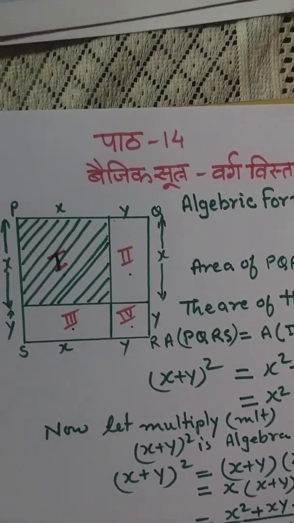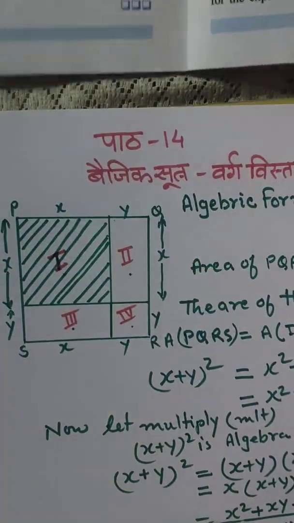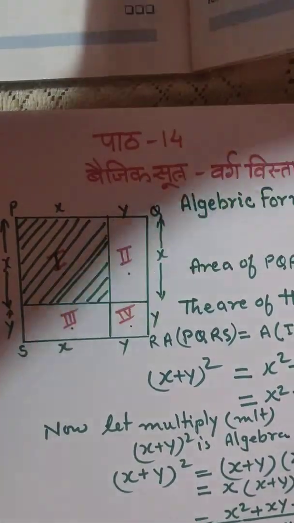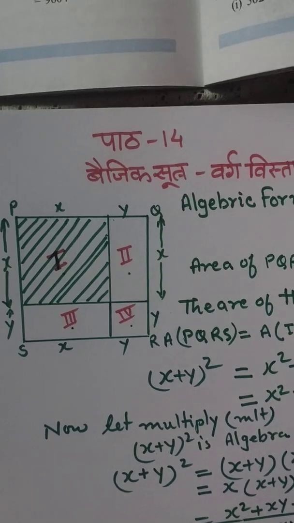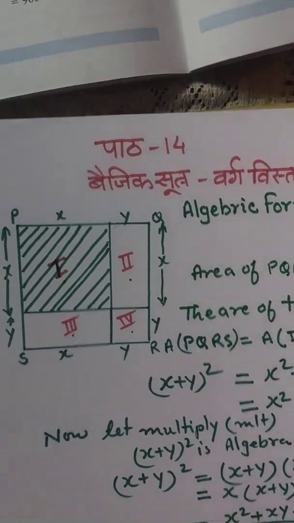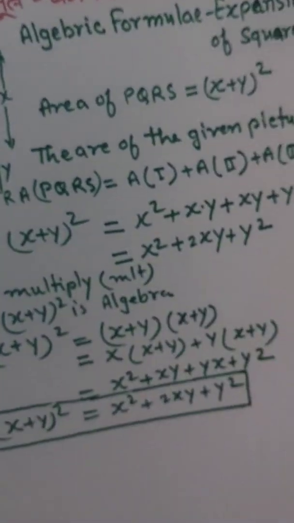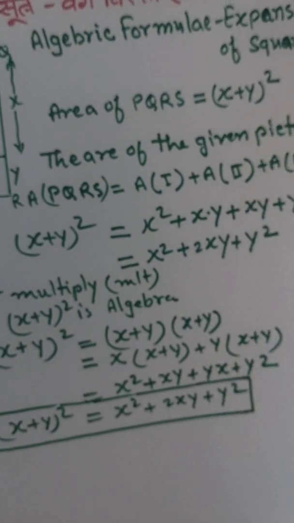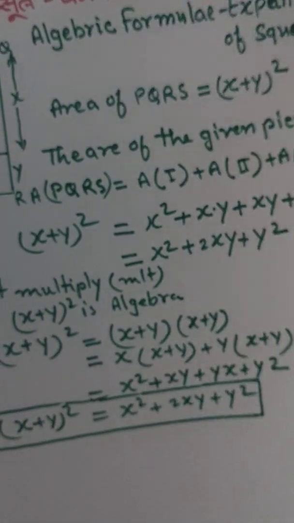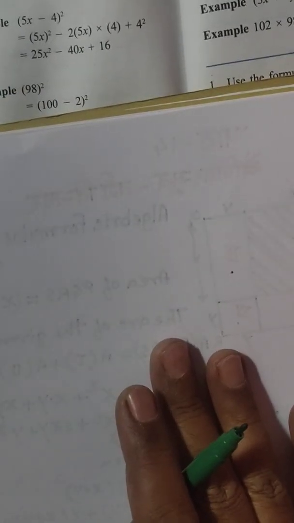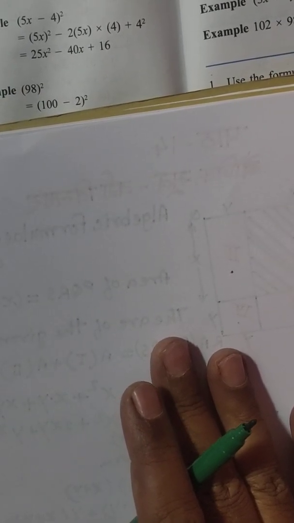Okay. Similarly you can also find the square of (x minus y) whole square. You can also calculate the area of (x minus y) whole square.